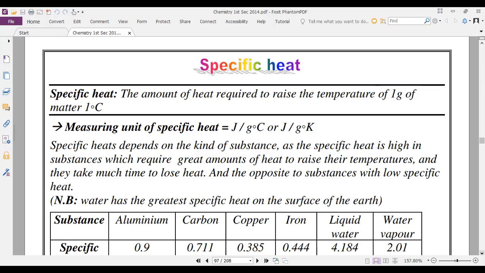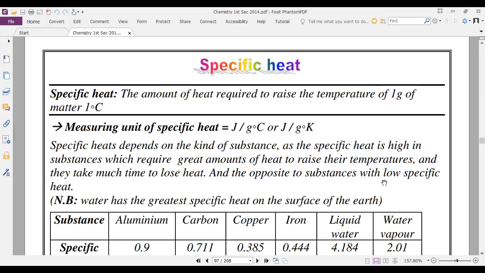Specific heat is high in substances which require a great amount of heat to raise their temperature, and they take much time to lose heat, because they require a great amount of energy. The opposite is true for substances with low specific heat. Water has the greatest specific heat on the surface of the earth.